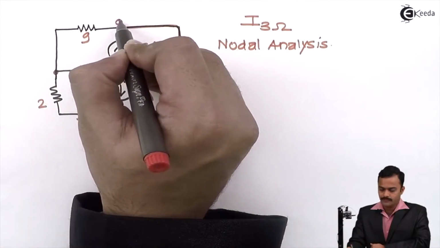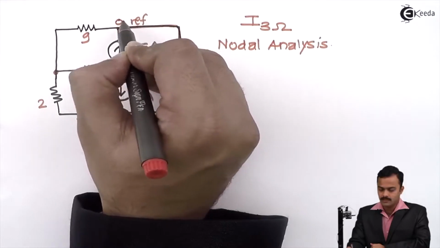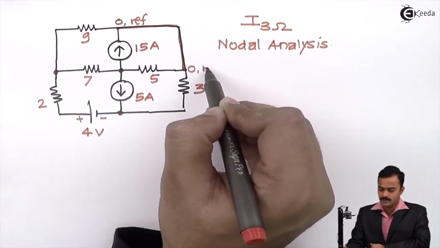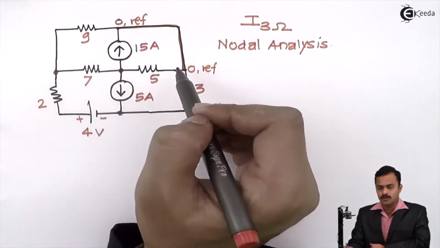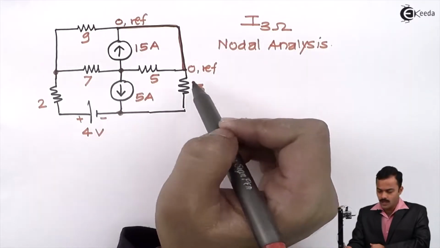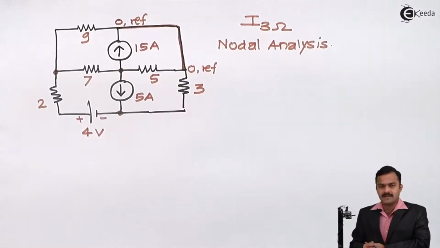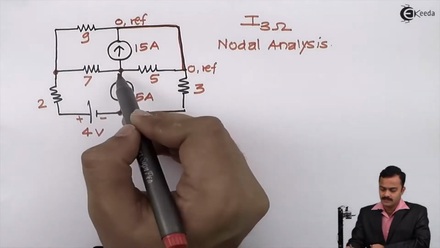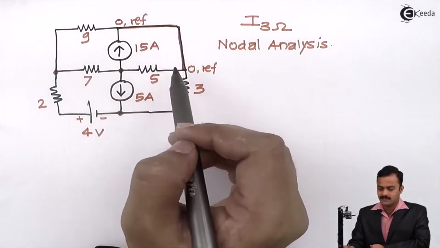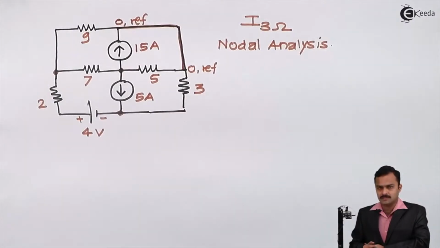So to avoid confusion, I'll write 0 reference and 0 reference at both these points where 1, 2, 3, 4 branches are connected. You could select this also, but I will select this to avoid all the confusions.